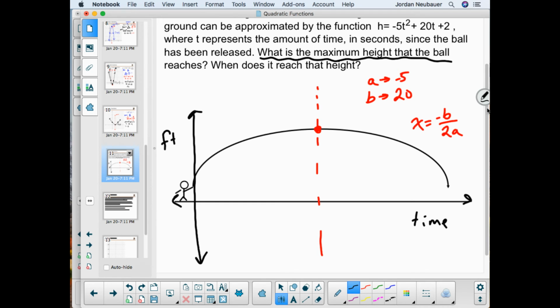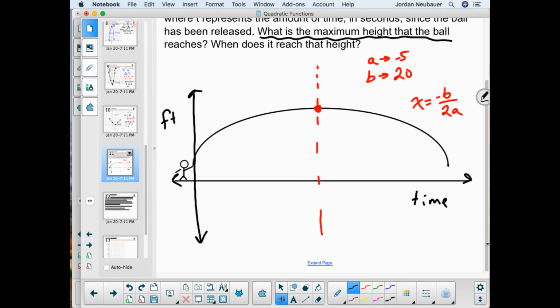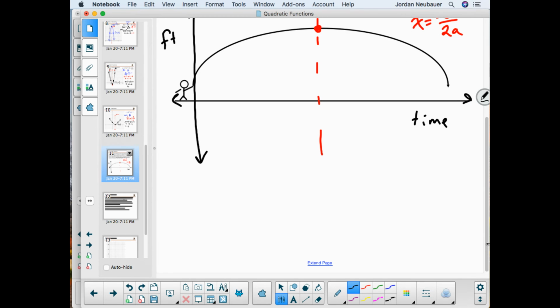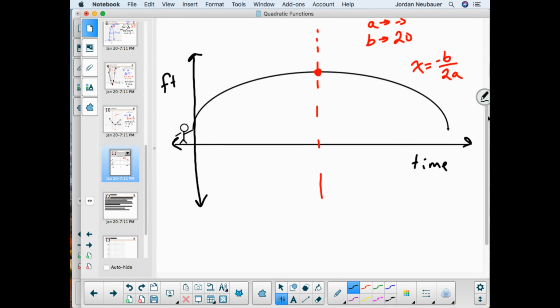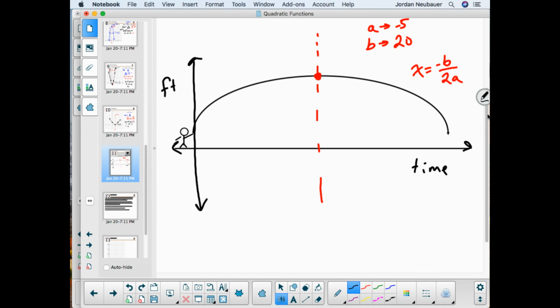Maybe I'll scroll down and get a little bit more space. So we'll be dealing with negative 20 over 2 times the a of negative 5. That's negative 20 over negative 10, or 2 seconds. So we know that the axis of symmetry is the equation x equals 2, which tells you about 2 seconds into its flight, it's reaching its maximum height.